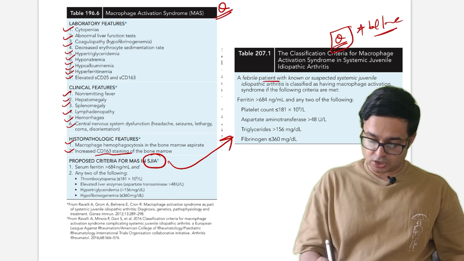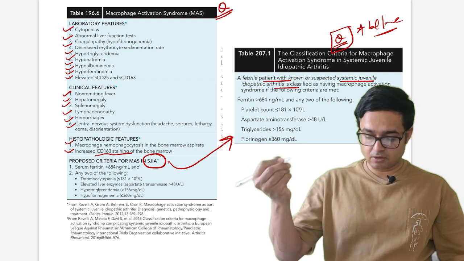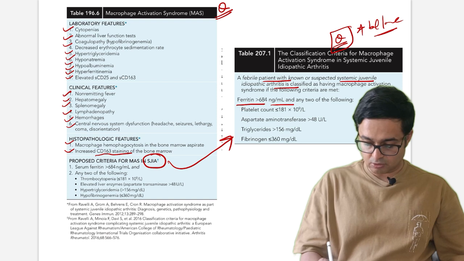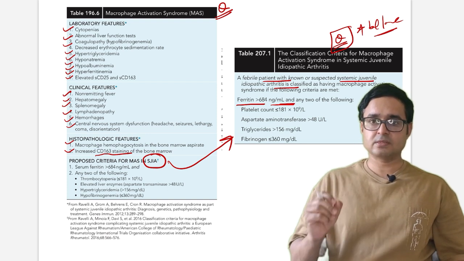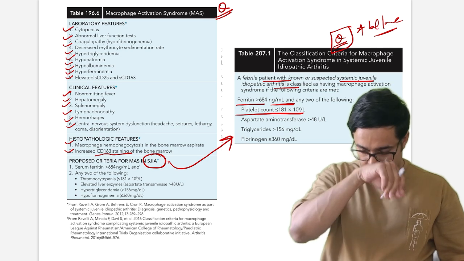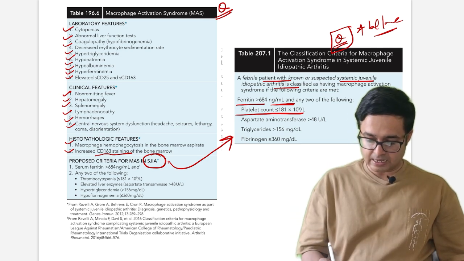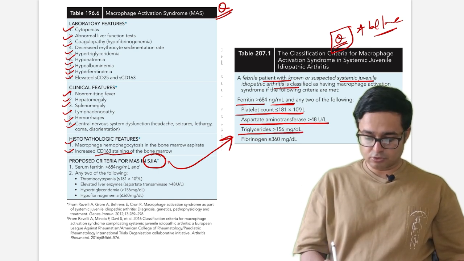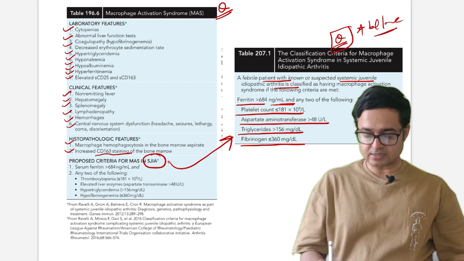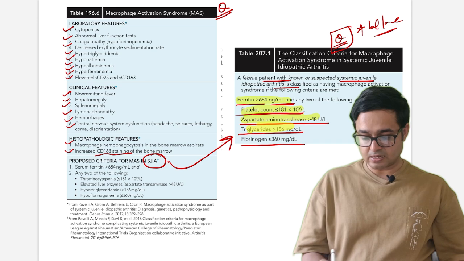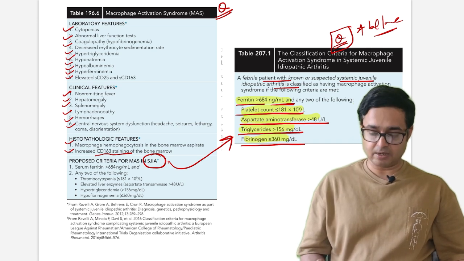A febrile patient with suspected systemic juvenile idiopathic arthritis will be called MAS if ferritin is more than 684 nanogram per ml, just remember this is nanogram per ml. Platelet count is less than 181, that is 1.8 lakhs. AST is more than 48, just remember. Triglyceride is more than 156 and fibrinogen is less than 360. This is very important. Just remember all values. These are asked independently multiple times.